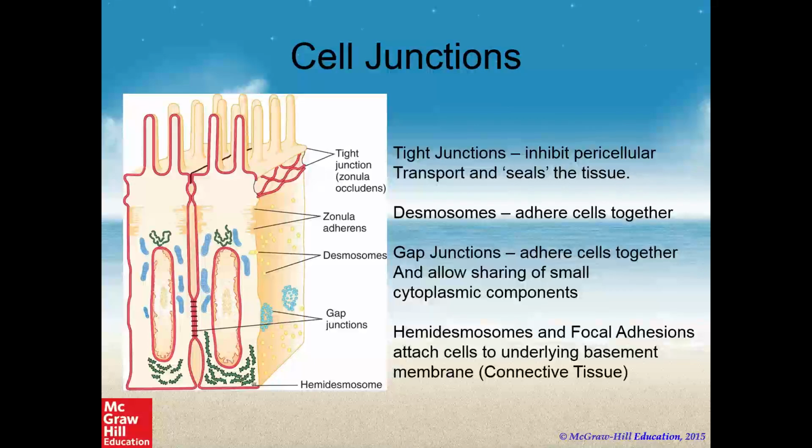Right, so it prevents any fluid that's here from traveling between the cells and ending up here. So it keeps tissues in something of a watertight state. It's not 100% effective. There's always some leakage.